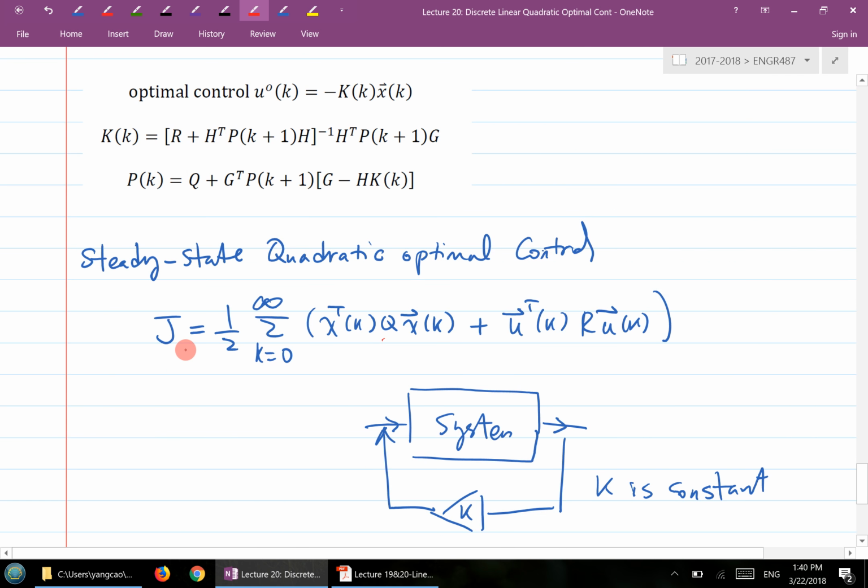You know what I'm saying, right? So infinite really means infinite, but in an actual simulation you can't run it infinitely. You're running for 10 seconds or so, and we still consider it as infinite.